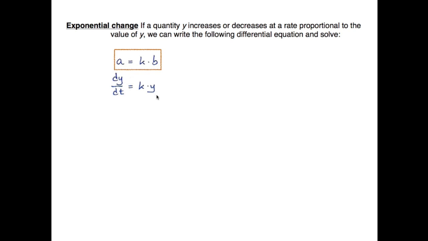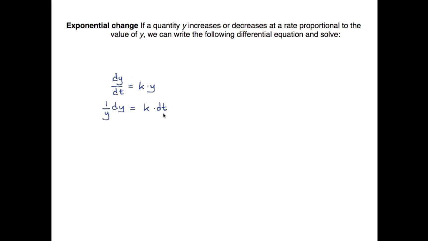That's awesome. It's a differential equation, and I can use separation of variables to solve it. So, separation of variables, I'm going to multiply by dt, so dt appears on the right, and I'm dividing by y, so I have 1 over y dy equals k times dt.